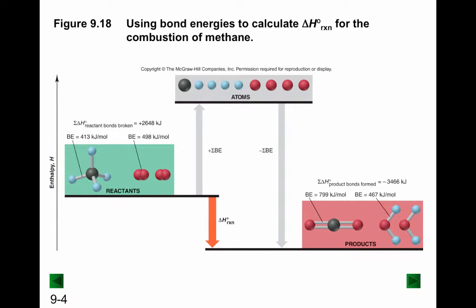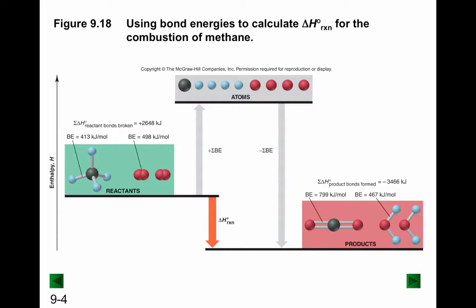Let's consider the combustion reaction of methane in the presence of air to produce carbon dioxide and water. Remember back in chapter 6, we determined the enthalpy of the combustion of methane to be 802 kilojoules using calorimetry. Let's see what it is using the bond energies in Hess's law.